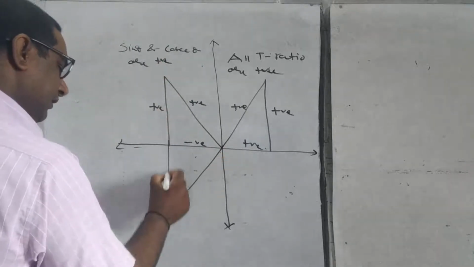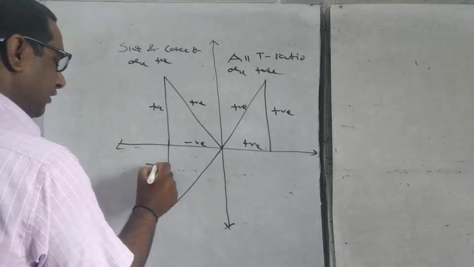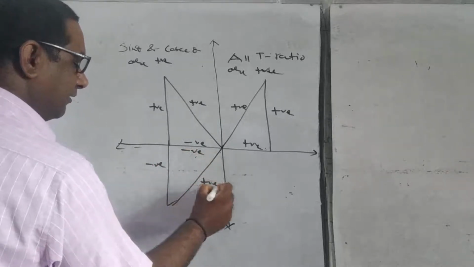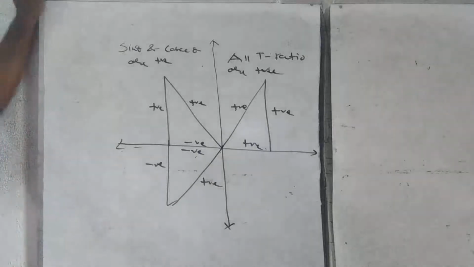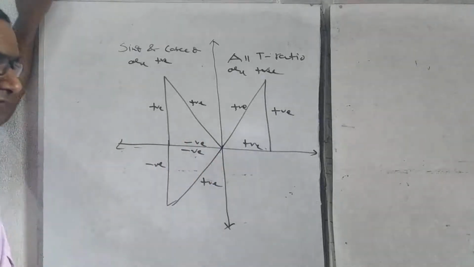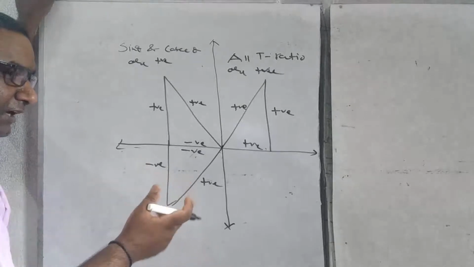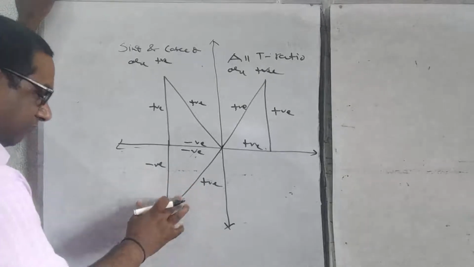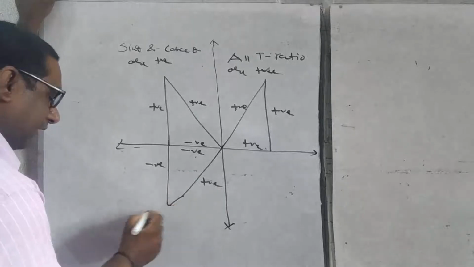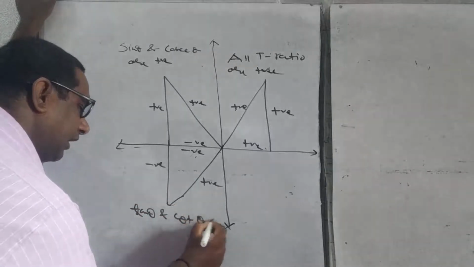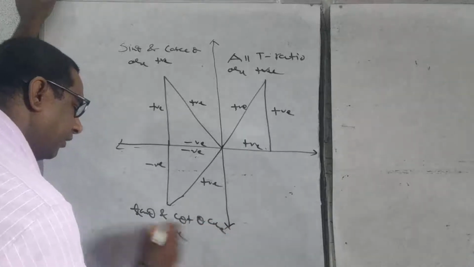Similarly, in the third quadrant, perpendicular and base are negative. Perpendicular upon base is tan theta, and negative upon negative becomes positive. So tan theta and cot theta are positive.